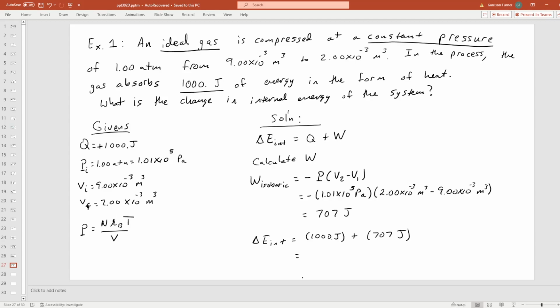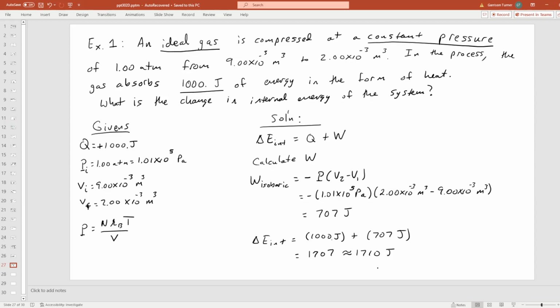Okay, and so this is going to be 1707, which rounds to 1710 to three significant figures. Okay, so our change in internal energy was 1710 joules, and this went into increasing the internal energy.